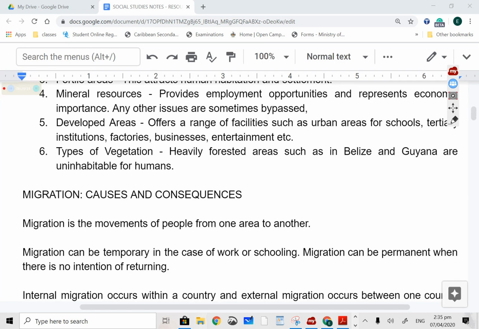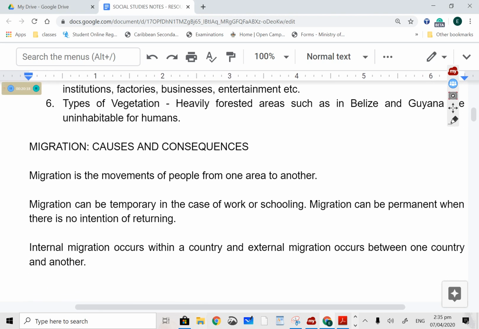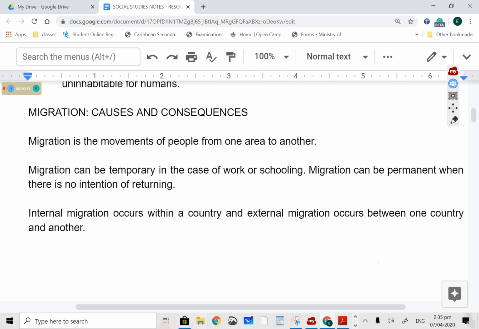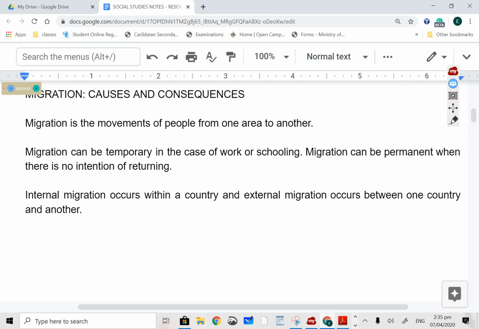Right, so then we move on to migration, cause and consequences. Migration is the movement of people from one area to another. So that is a definition. Migration can be temporary in the case of work or schooling, right?